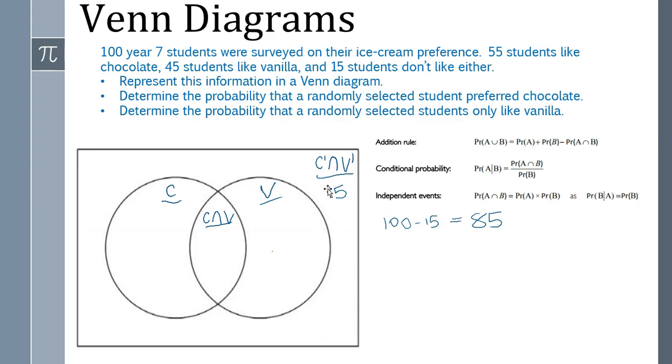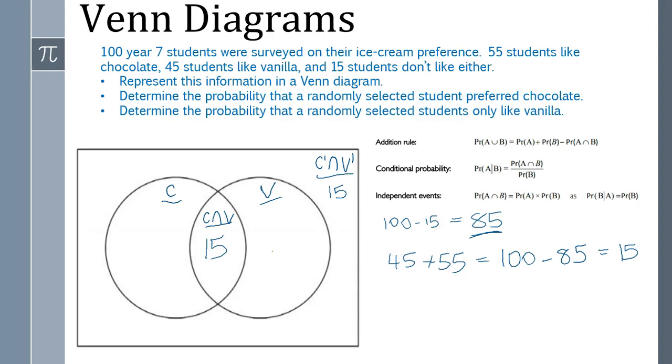Now 45 like vanilla and 55 like chocolate. So 45 plus 55 gives us 100, and we can only put 85 in there. So we're going to take away 85, which leaves us with 15 as a crossover. That's just a coincidence that those numbers are the same. They're not always the same.